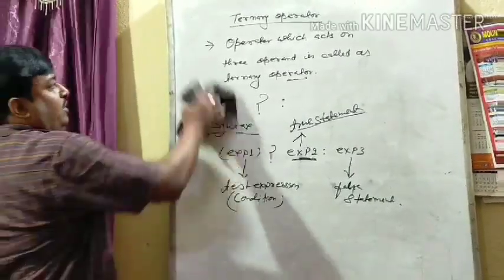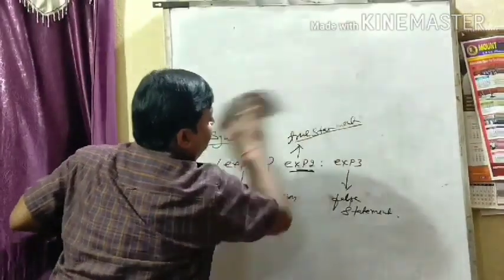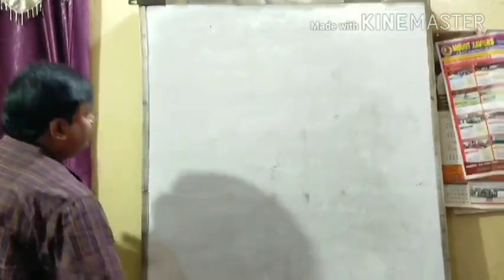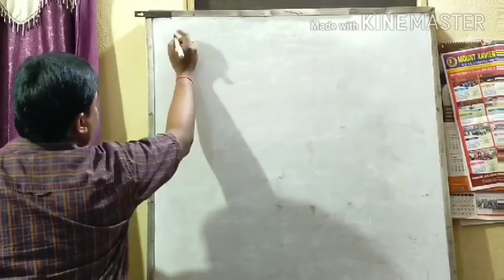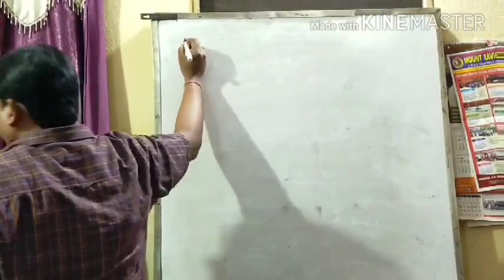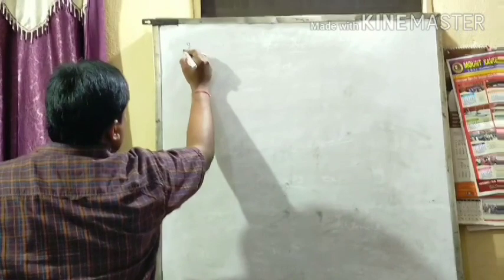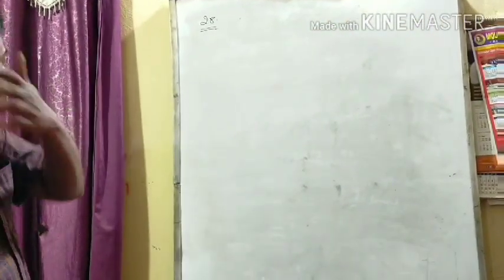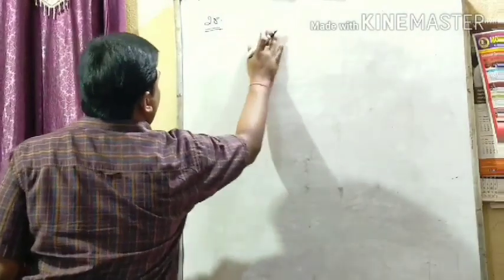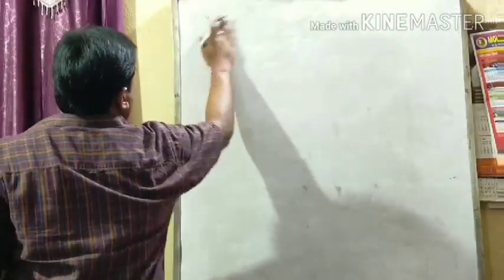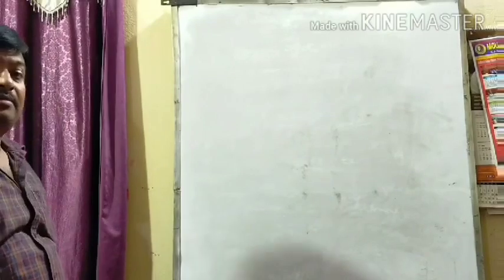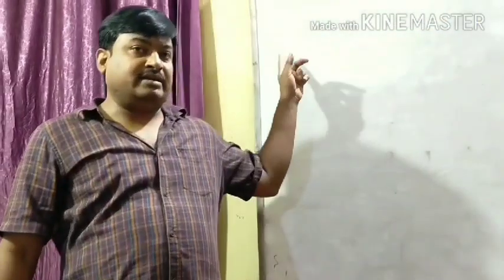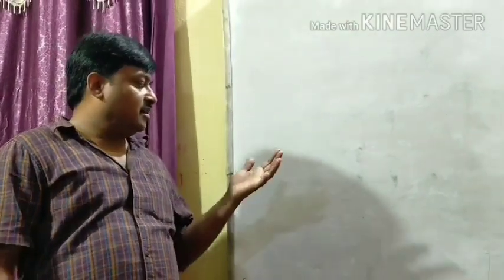Now I am giving you an example using a program. It is a very easy program. Program number 27 is calculating simple interest.